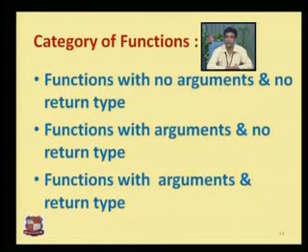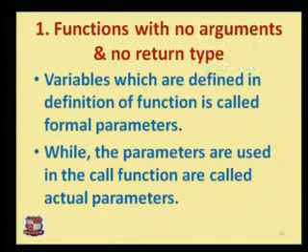The function will return any type of value, or by default, as we said earlier, it will return integer values. It can return many types of values, so we can print the return values accordingly. Then in the function with no arguments and no return type, we include formal parameters and actual parameters.